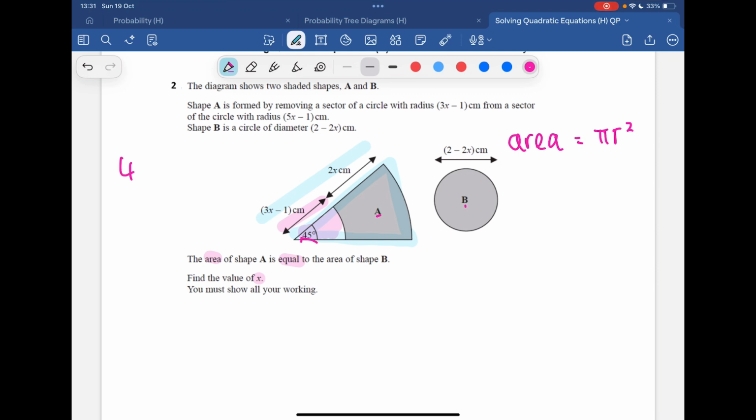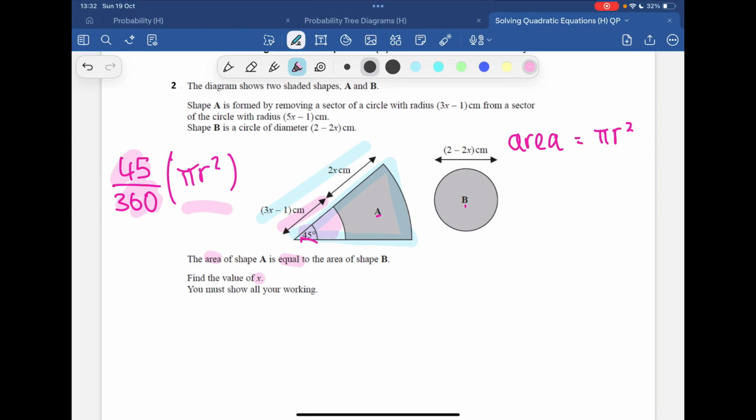We know that this is 45 over 360. That's the proportion of the total angles in the circle, times pi r squared. And that will give us the area of this sector. Again, that's because we know that it is this fraction of a total circle. So if you work out the area of the circle and multiply it by that fraction, you will get the area of the sector.